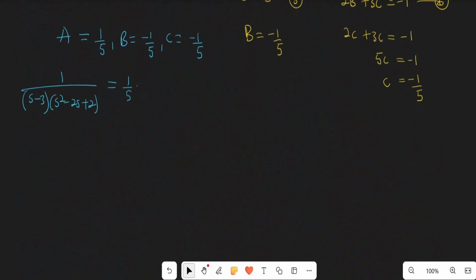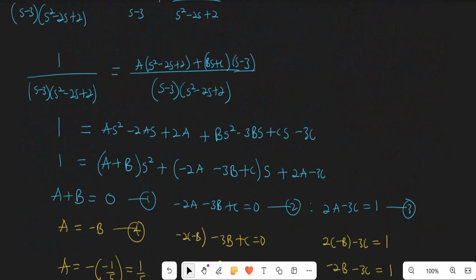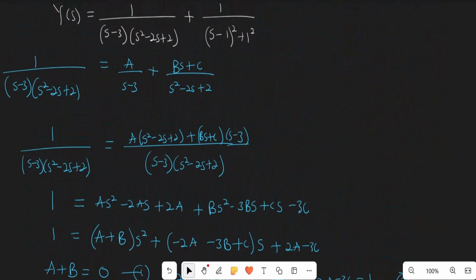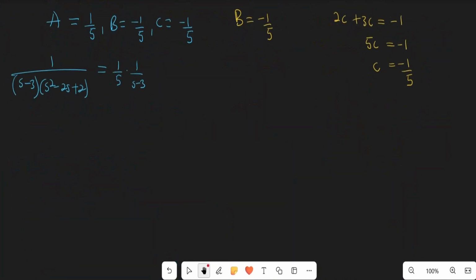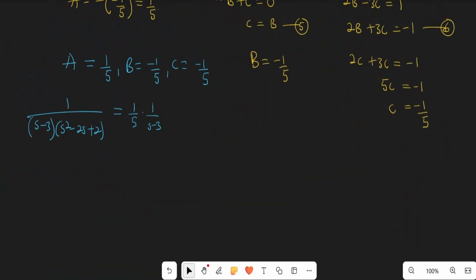That's the same thing as 1 over 5 times 1 over s minus 3. And then we are going to have plus bs plus c. So let me write it here clearly for you to see.